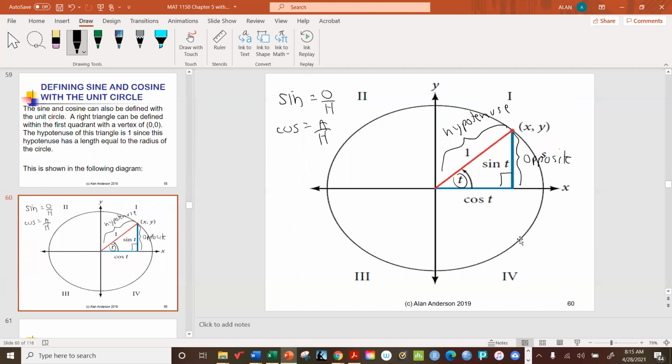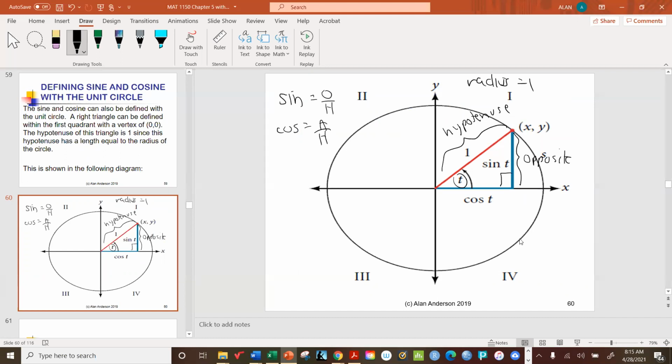Because we chose this to be a unit circle, the radius is 1 throughout the entire circle. In other words, this length along here is the same as here and up here, etc. So the radius is 1. So this angle that we're creating, this angle T, is guaranteed to have a hypotenuse of 1.